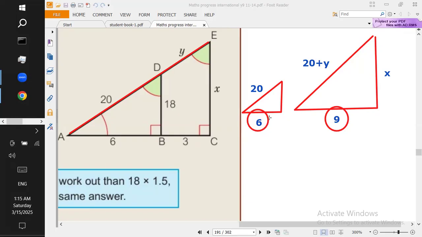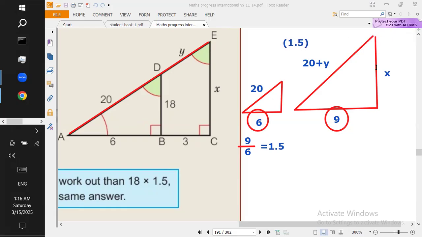So if we're talking about this base, we have to use this base. Now we divide them by each other, so 9 divided by 6 will give me the scale. 9 divided by 6 is 1.5. Now I have the scale. I can write the scale in brackets so I can use it here. So it's going to be 1.5.